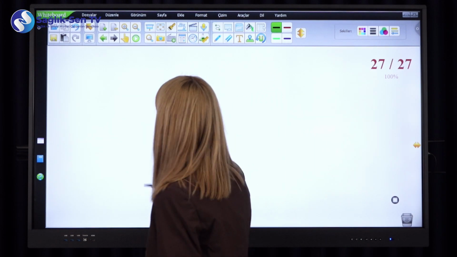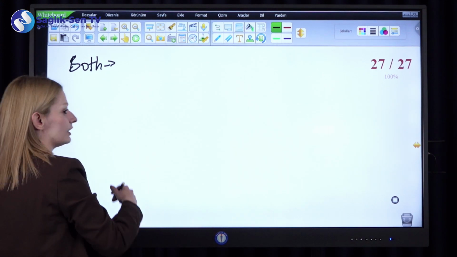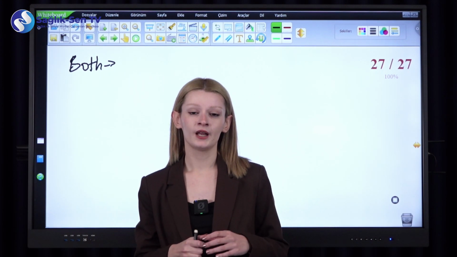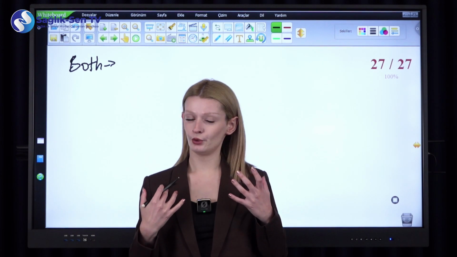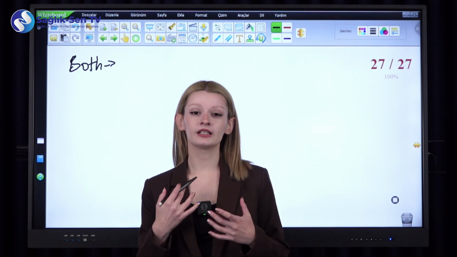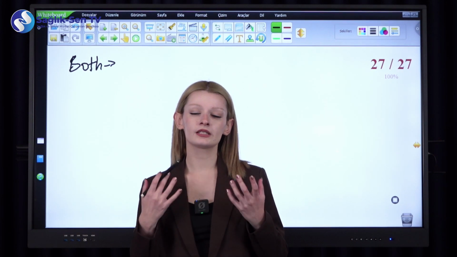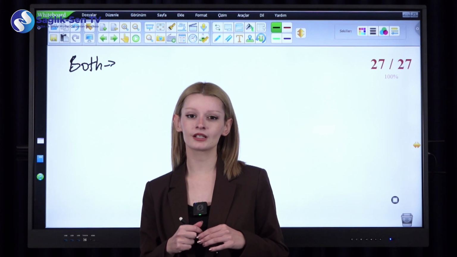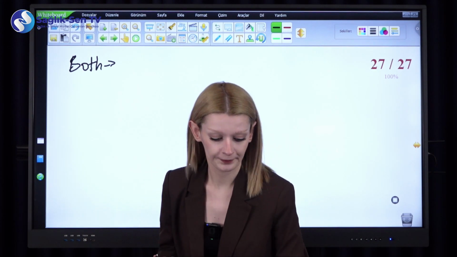Let's start with both. In our last lesson we studied all and none, and we said that we use them to talk about more than two things or people. All was affirmative, and none was used in an affirmative sentence, but it gives the meaning of negativeness.